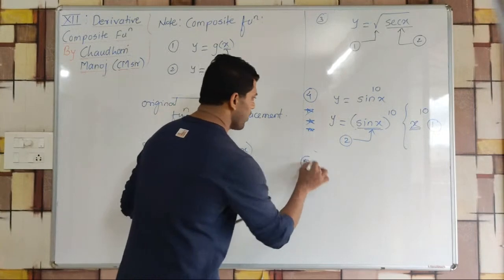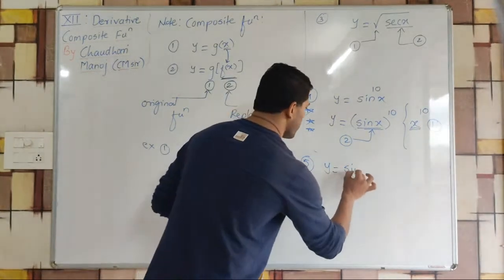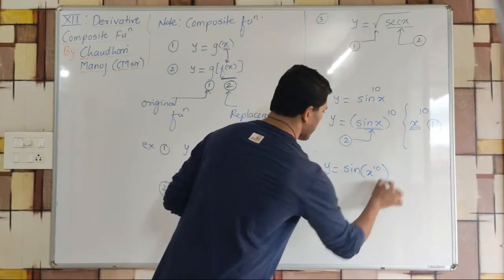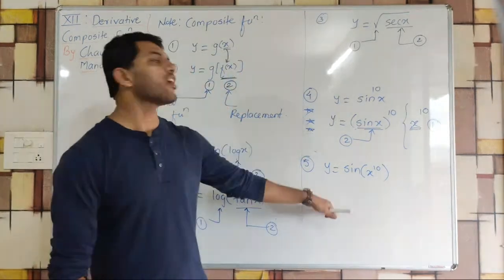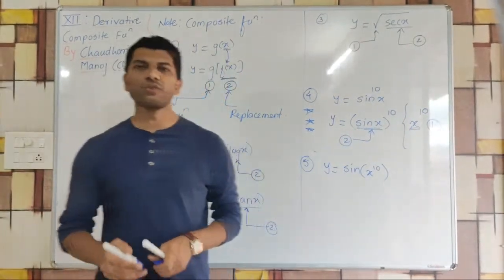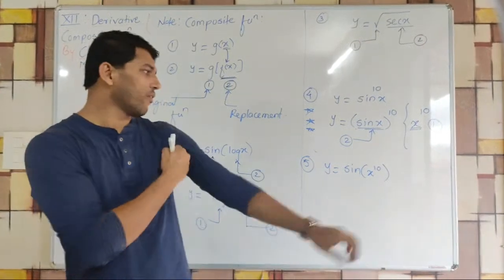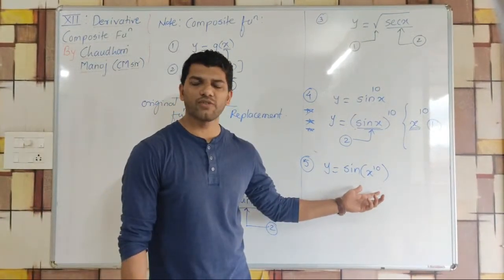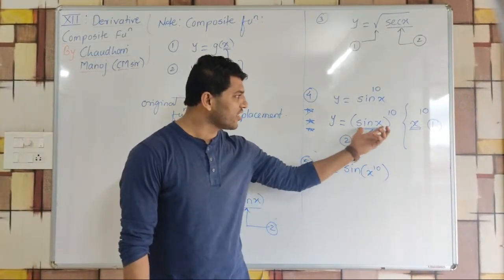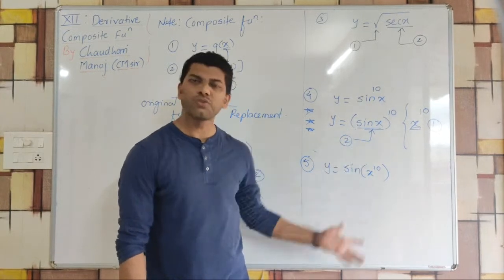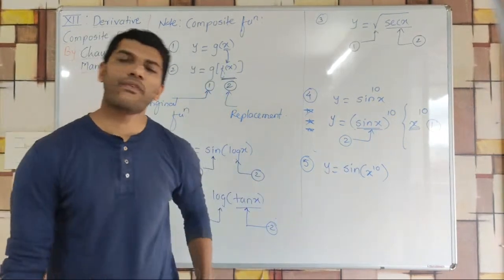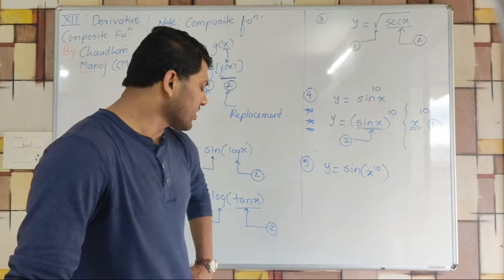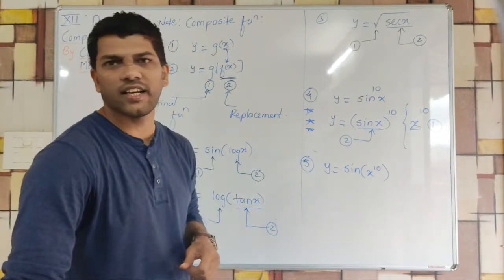One more, what if it is sine of x raised to 10? See, these two things look very close to each other. This is actually a point where students get confused. They look very close to each other, but they are different as composites. So understand, friends, which one is the first and the second here?